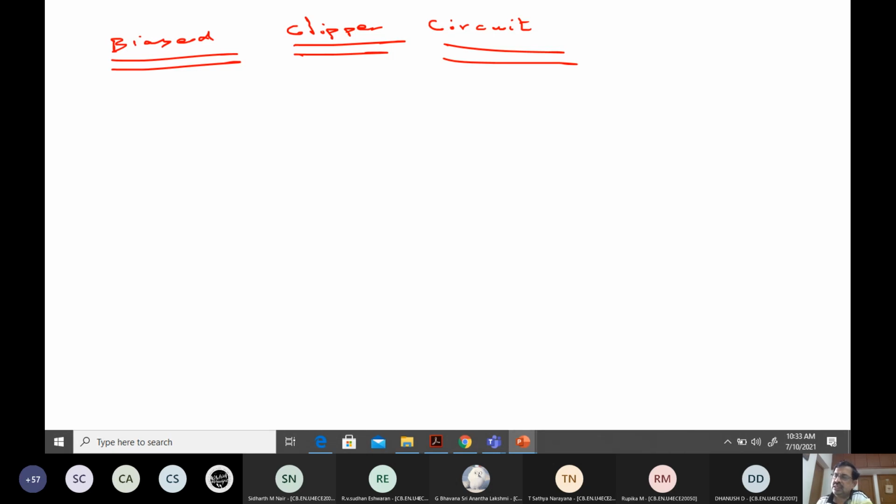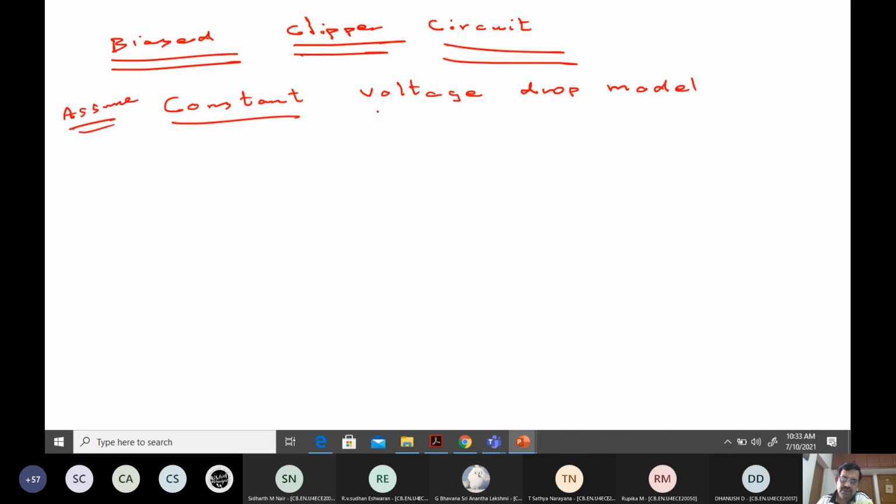Let us consider a constant voltage drop model in this case. Let us say my circuit is like this. This is my resistor, and this is the way I have connected the diode.